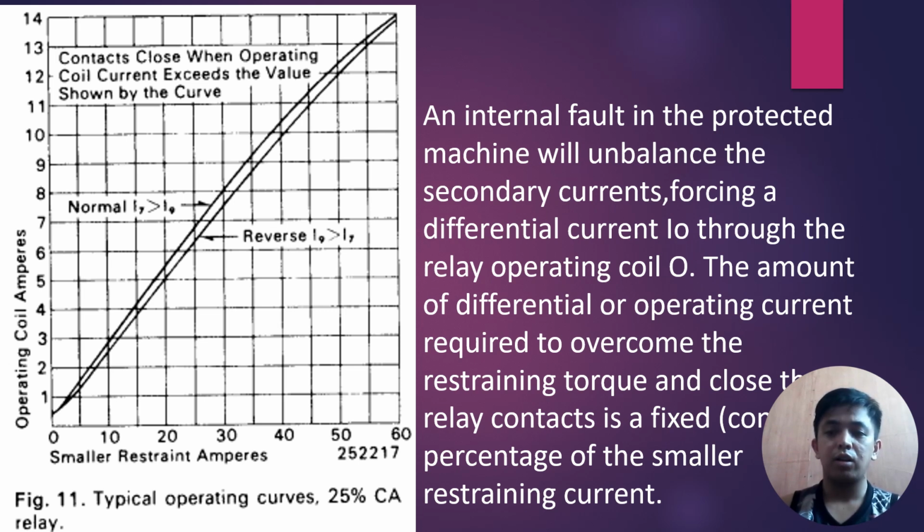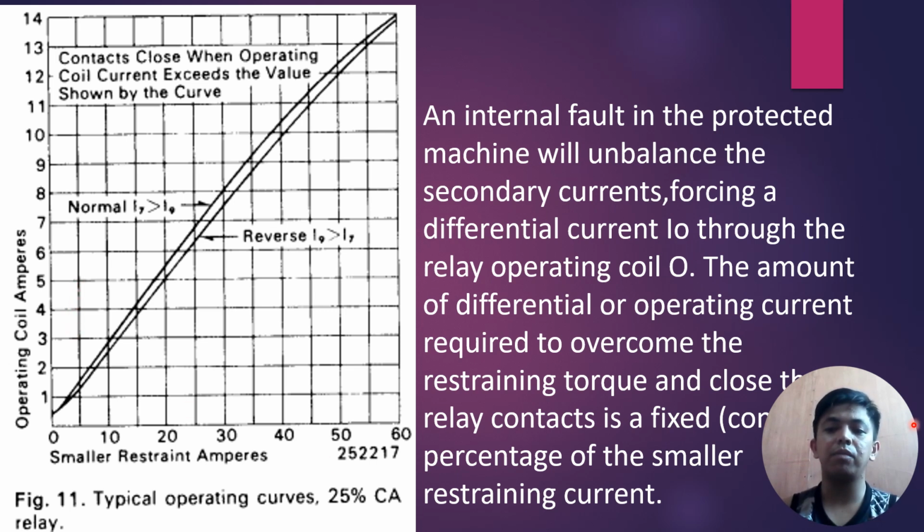Now, look at the second graph. This graph represents the 25% restraint characteristic curve, which means a higher percentage of the restraint current is required to operate the relay. The difference from the first curve is that the operating coil current required to trip the relay is higher compared to the 10% curve.